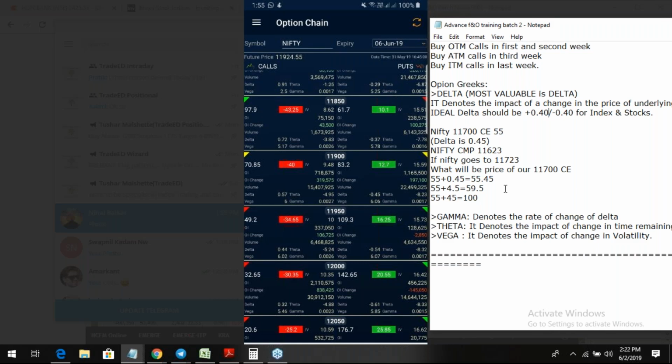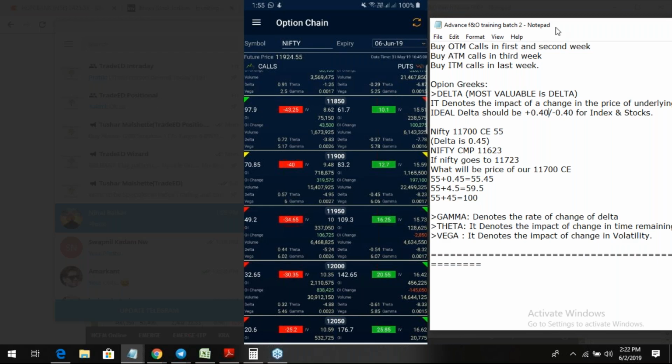Sanjay, 12,000 call. Why, Swapnil, the 12,000 call? What have we written right now? Minimum delta should be plus or minus 0.35 or 0.40. No, we cannot say that 0.32 is okay.